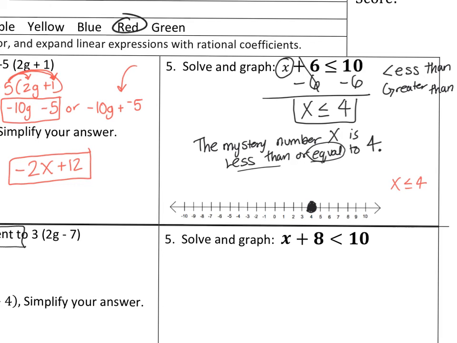Now I have to shade in all the true values of x. And I'm going to shade either to the right of 4 or I'm going to shade to the left of 4. Whatever numbers are less than or equal to 4, that's the direction I'm going to shade. So I'm going to shade in the direction that's less than 4, which is to the left. All these numbers on the graph are less than 4.